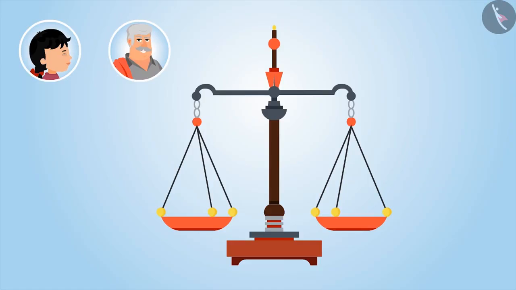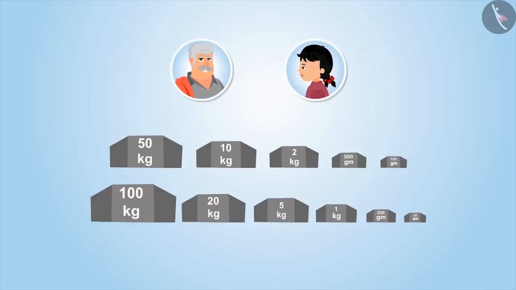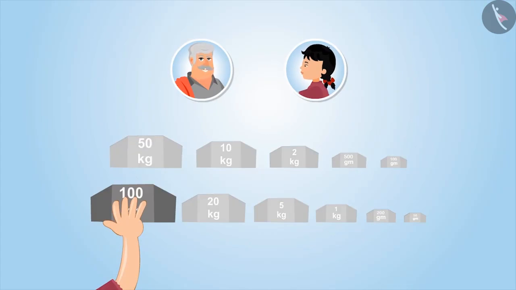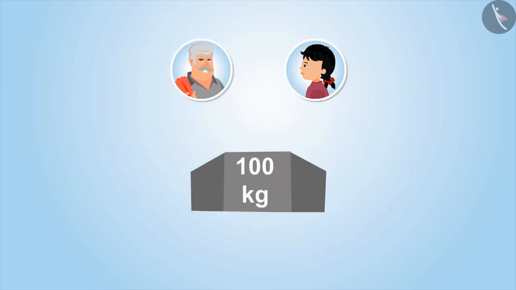Weighing stones? What are these? Look, these are weighing stones. Oh my god, how many are there? And look, this one is so big. Yes, this is the biggest weighing stone I have. Look how much is written on it. 100 kilograms.